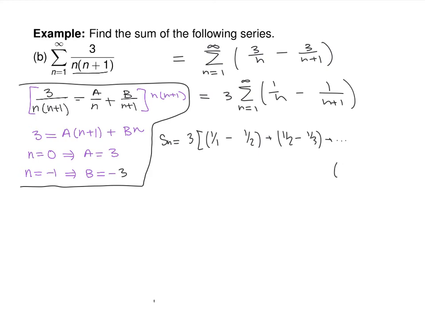The last term you have is 1 over n minus 1 over n plus 1. One prior is 1 over n minus 1 minus 1 over n. And you can see that everything cancels except for this one and this 1 over n plus 1.